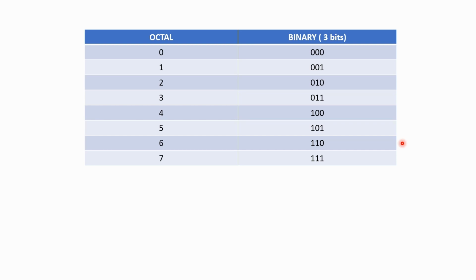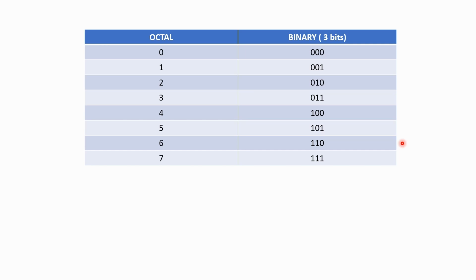You've got the octal symbols 0 through 7 on the left column, and then on the right column you have the 3-bit binary representations of those. So, obviously 0 octal is 000 using 3 bits of binary. 1 would be 001. And this again is binary.